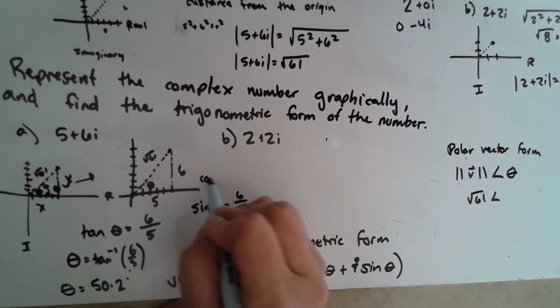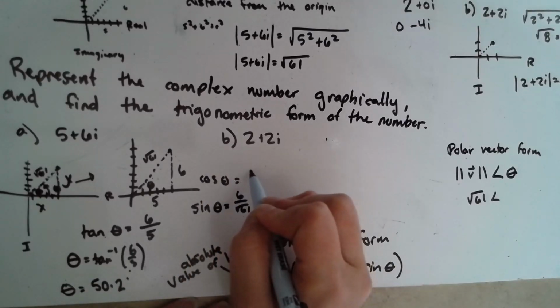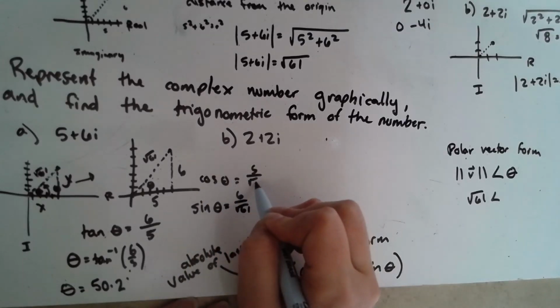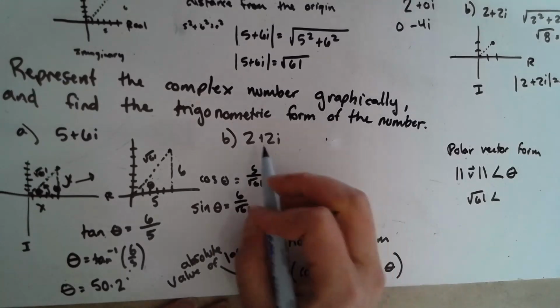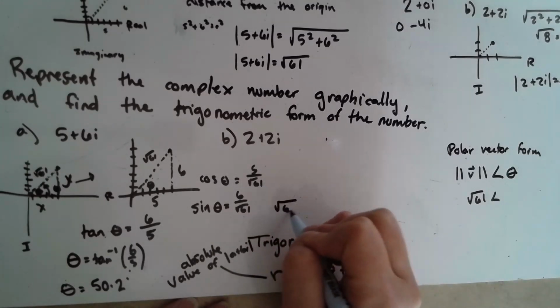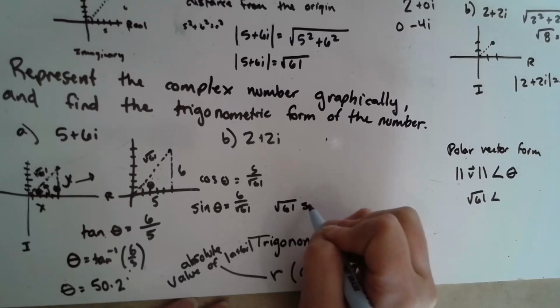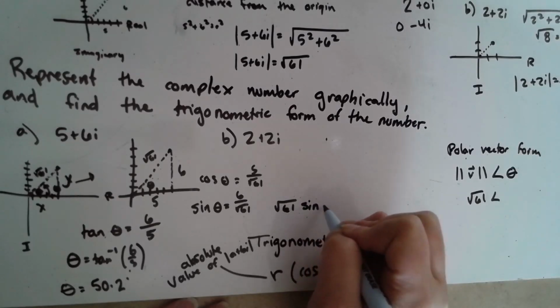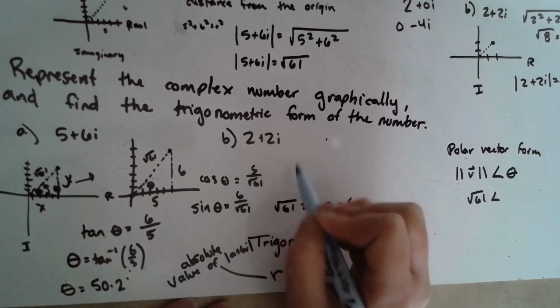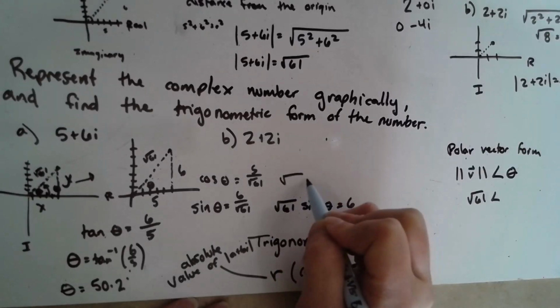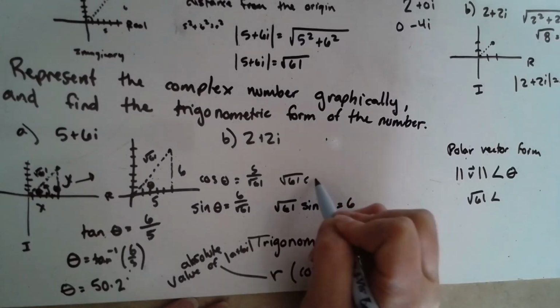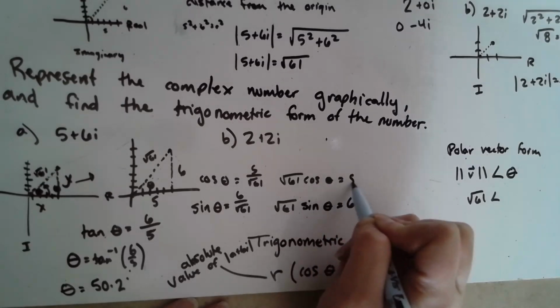If I look at cosine of theta, that is adjacent over hypotenuse. So square root of 61 sine theta equals 6, and square root of 61 cosine theta equals 5.